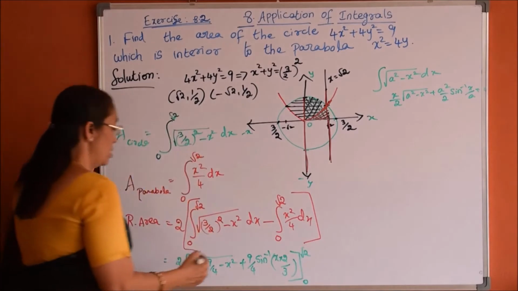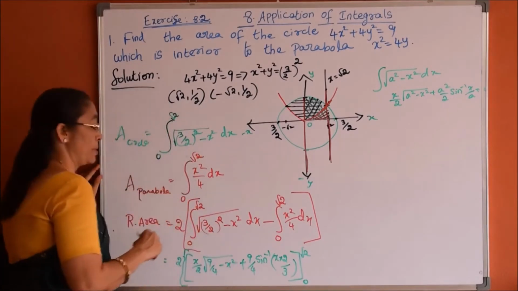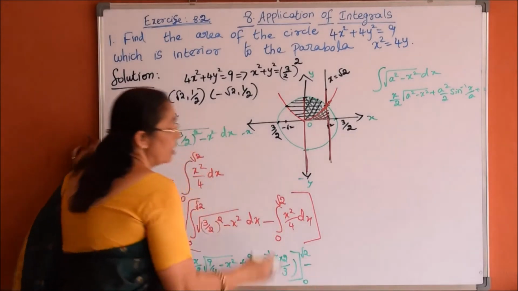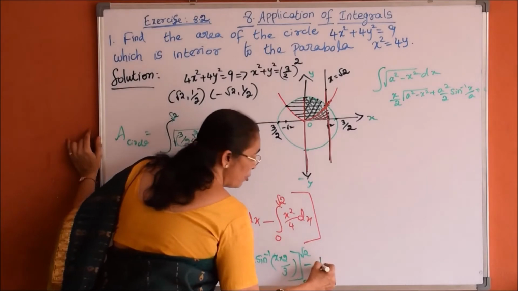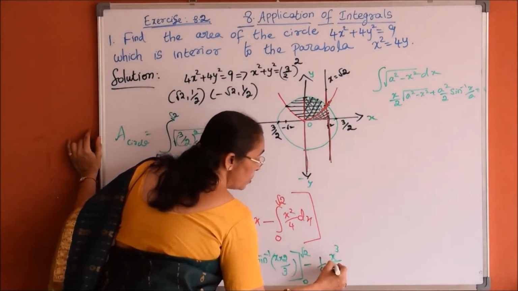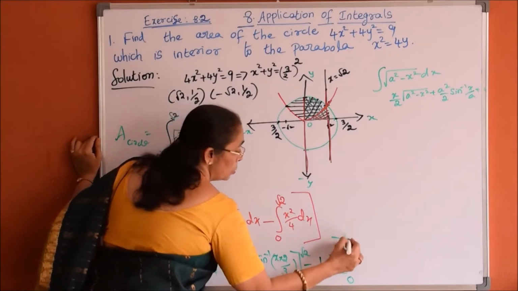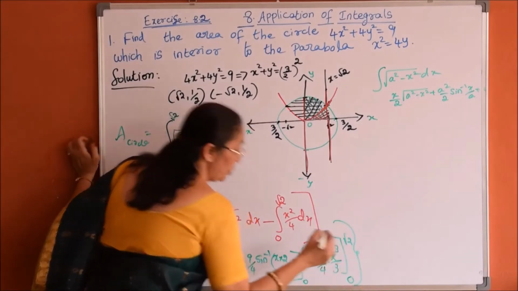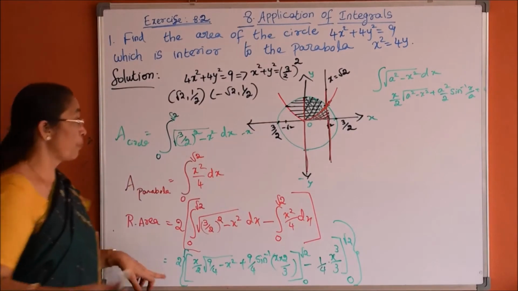Now, coming to the second part, for everything twice is common, 2 times. Now, the second part is the integration of x square, which is x cube by 3, with 1 by 4 outside, x cube divided by 3, and the limits are from 0 to root 2. It is twice. So, we will apply the limits now.